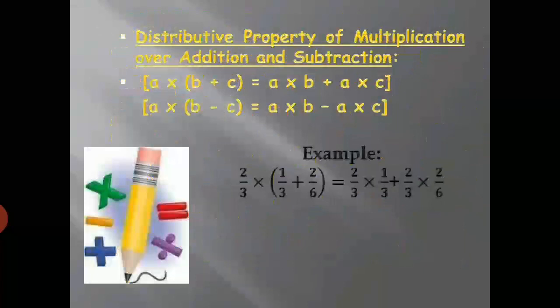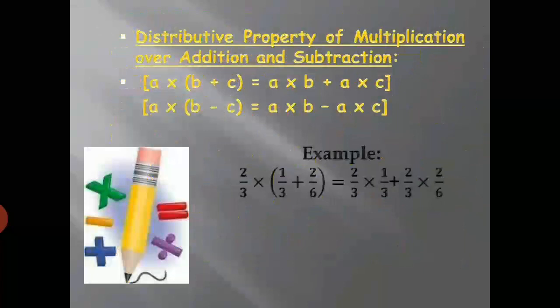Next is distributive property of multiplication over addition and subtraction. This says that a multiply bracket b plus c is equal to a into b plus a into c. Under subtraction, it is a into b minus c is equal to a into b minus a into c.